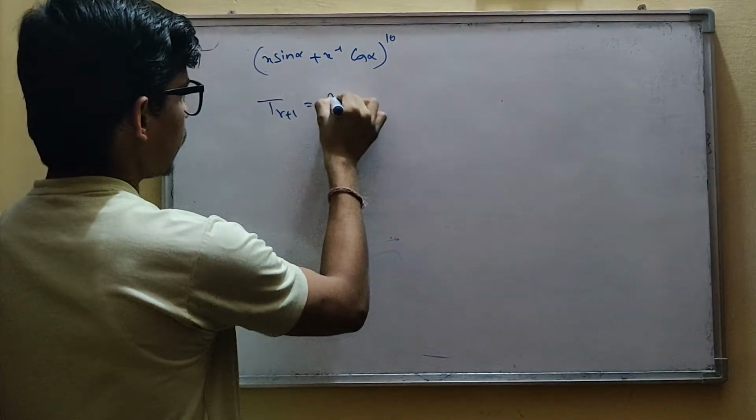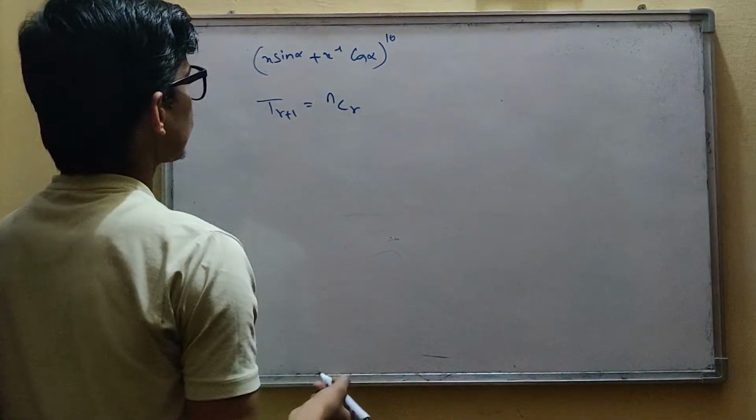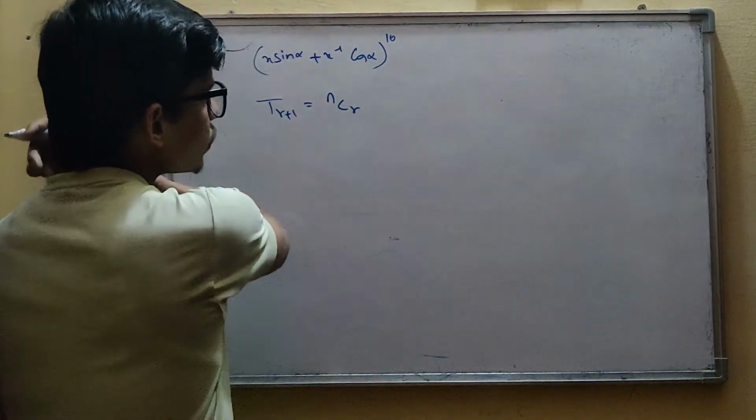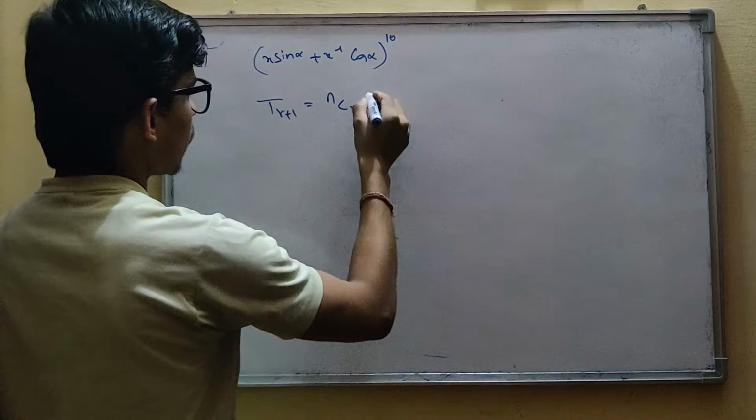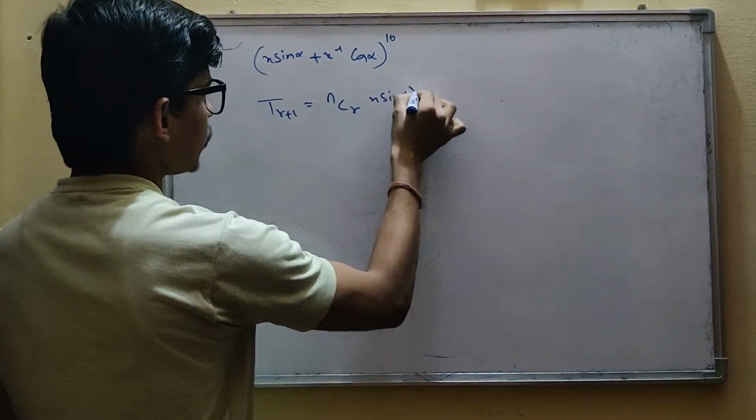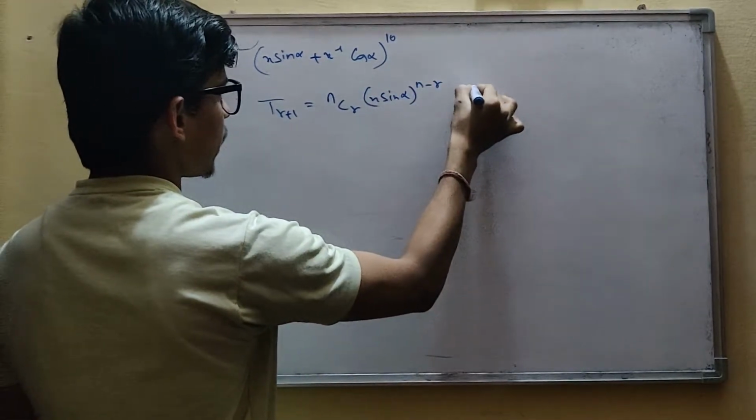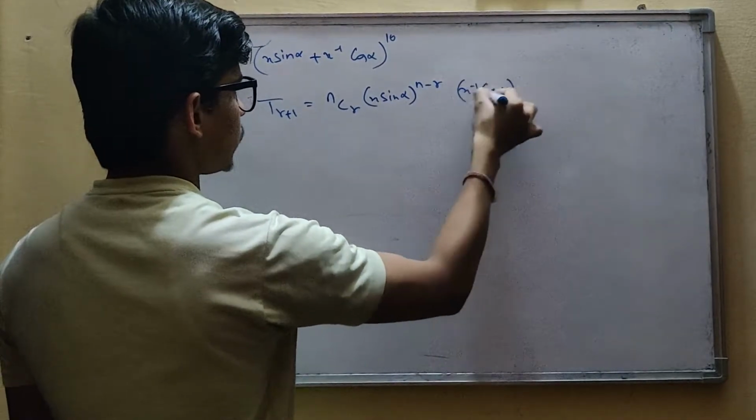So this can be nCr, and this is (x sin alpha)^(n-r) and (x inverse cos alpha)^r.